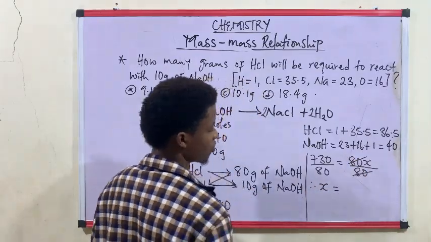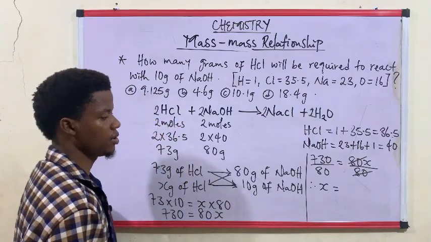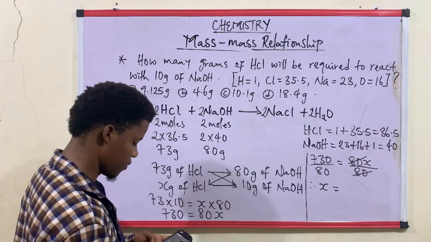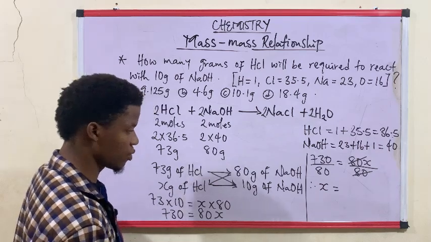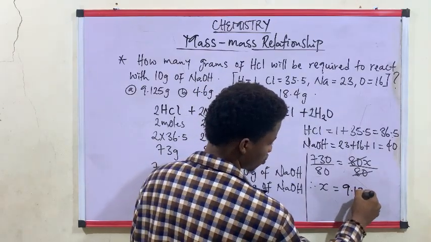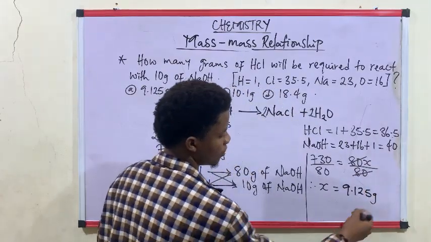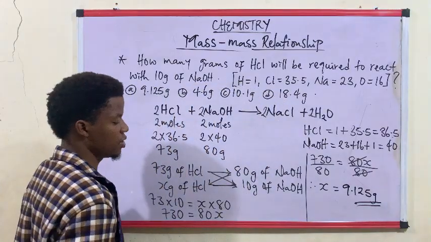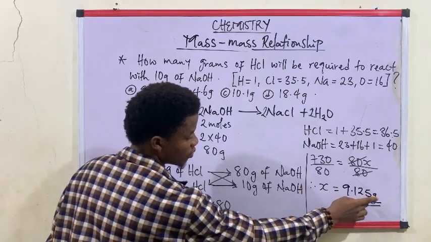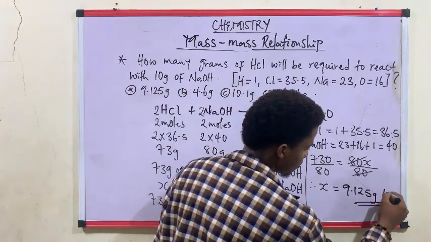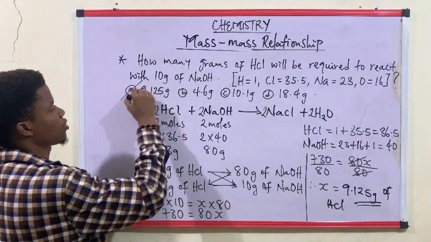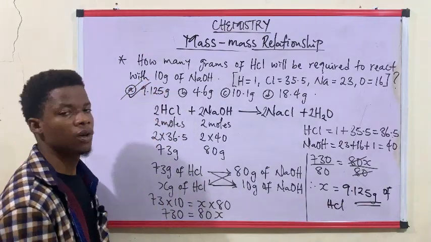Therefore, x is equal to 730 divided by 80, which gives us 9.125 gram. So for 10 gram of NaOH, we need 9.125 gram of HCl. So the option is option A. That is the correct option for this question.